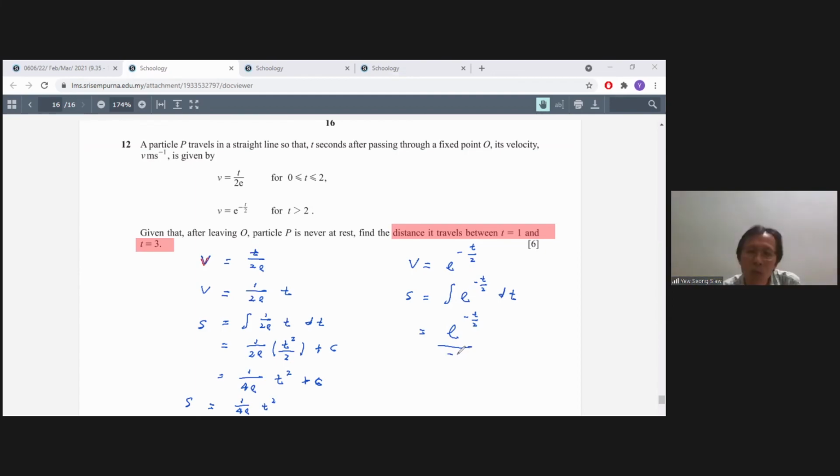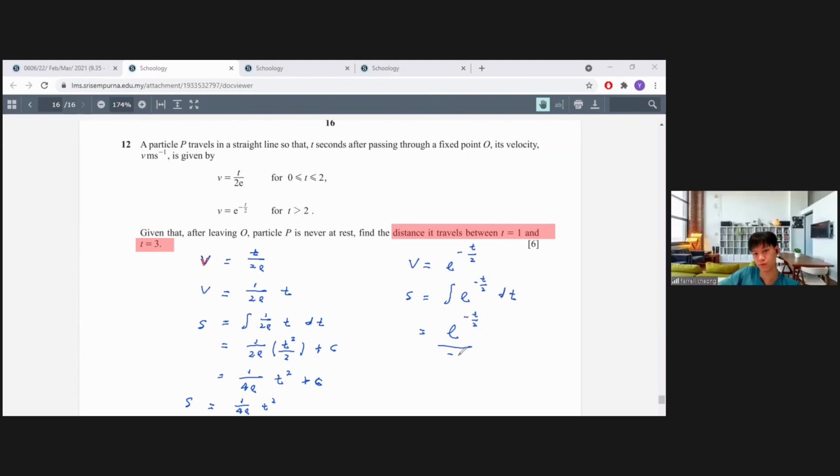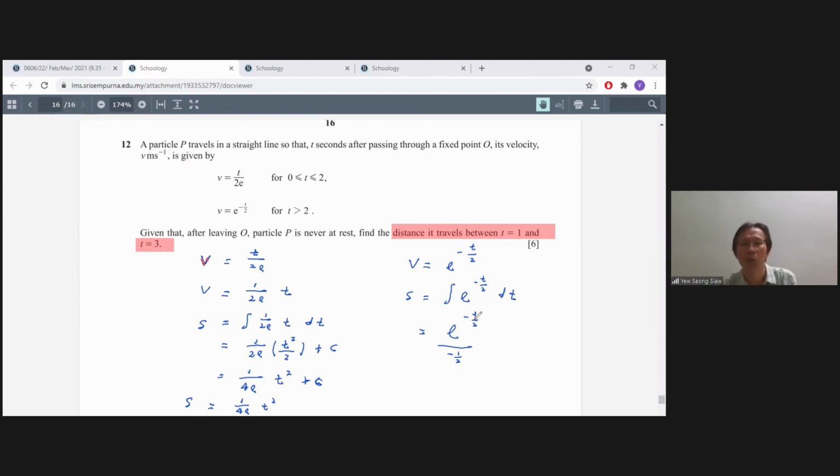Not t over 2, negative 1 over 2, because after differentiating it is negative 1 over 2. So you divide by negative 1 over 2. Then you plus C. Then write properly, it's a negative answer, so negative 1 over 2 brought to the front becomes 2.